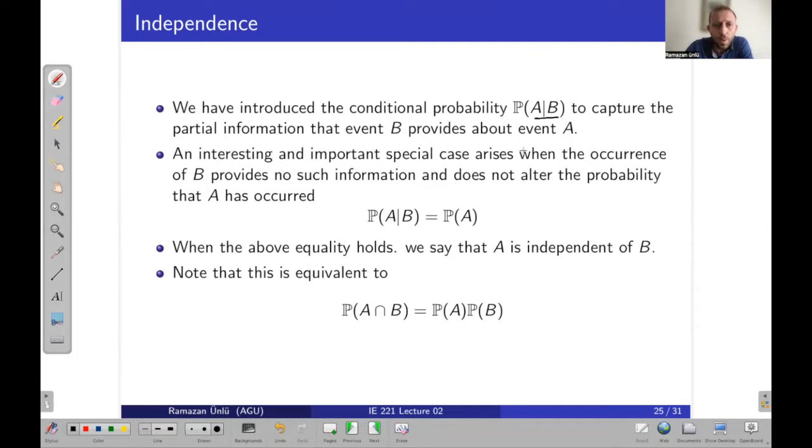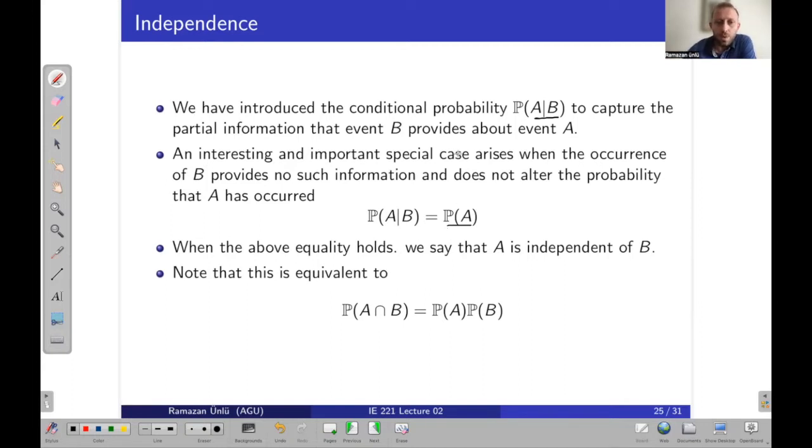In that point, an interesting and important special case arises when the occurrence of B provides no such information, okay? So it will not change the probability of A. Knowing whether B occurred or not will not change the probability of A. So in this case, the probability of A given B will be equal to the probability of A. It will not change anything.